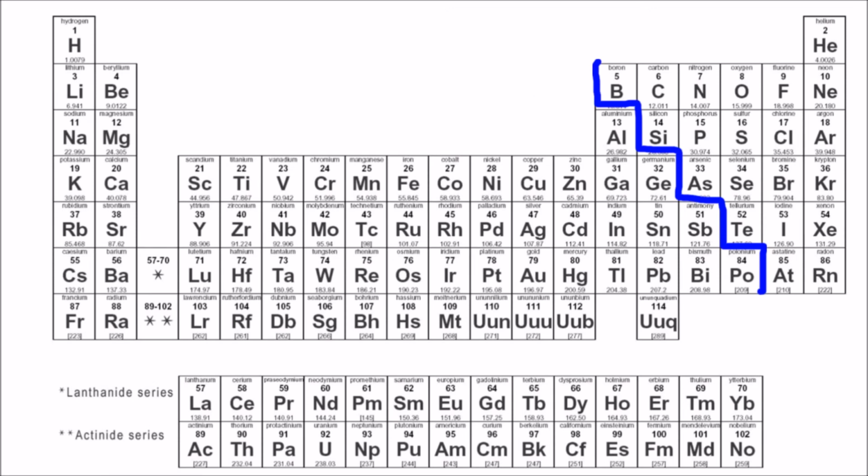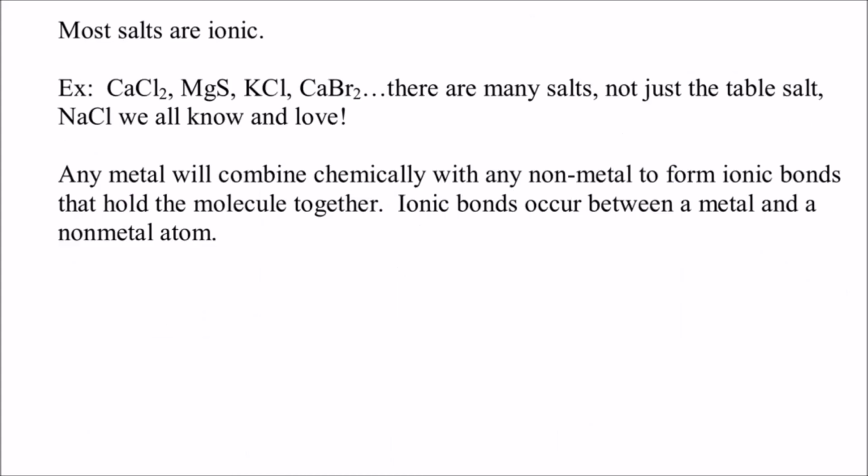Okay, so anytime something from this side of the periodic table bonds with something from this side of the periodic table, you form a salt. Okay, you need to remember that salts are made of metals bonded to nonmetals, and that salts have ionic bonds. Okay, so there's always an ionic bond between a metal and a nonmetal.